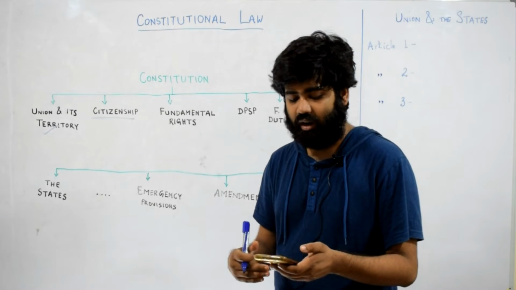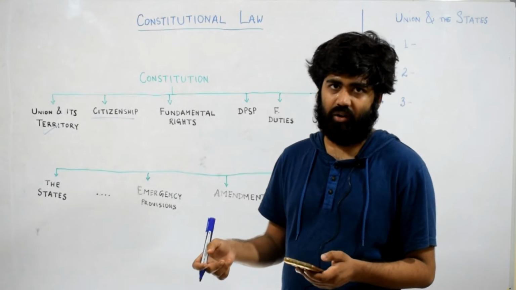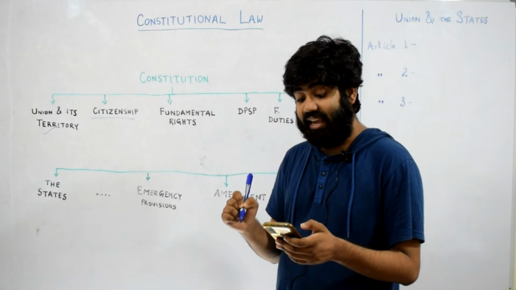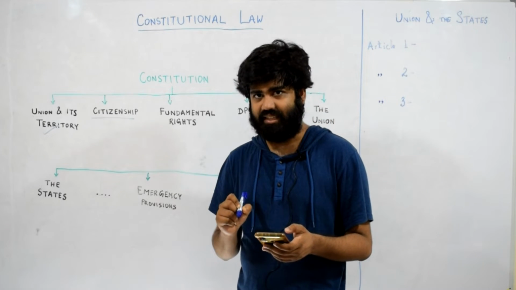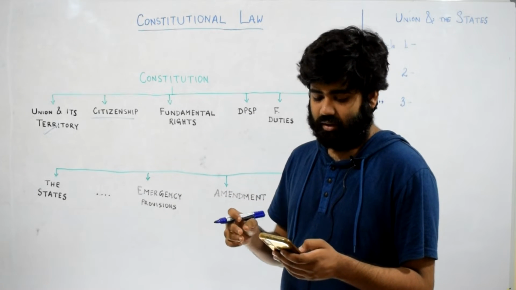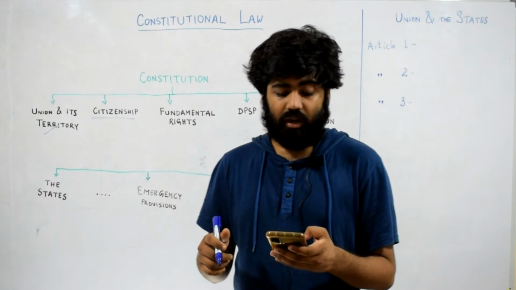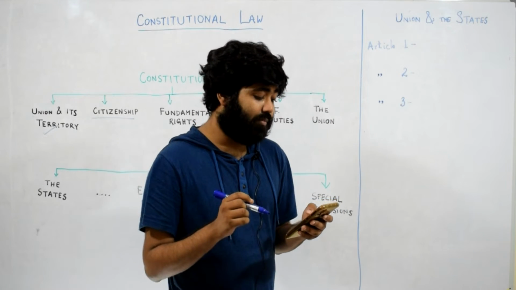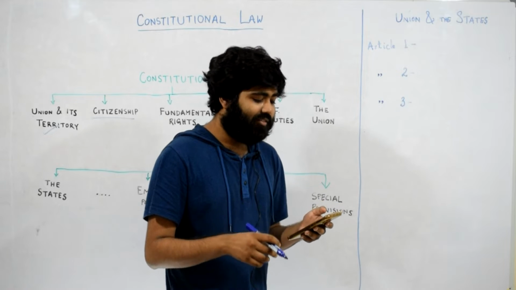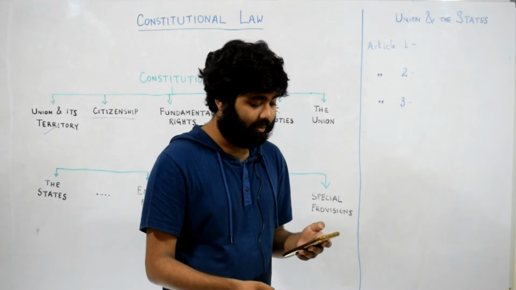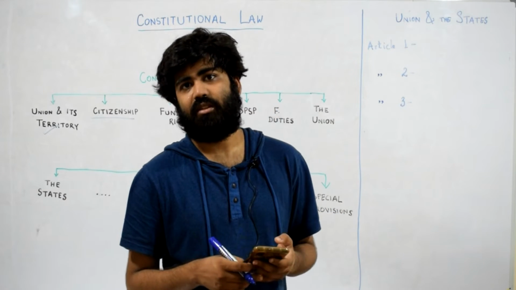Now, again another article, again a notwithstanding clause. It says, notwithstanding anything in Articles 5 and 6, a person who has, after the first day of March 1947, migrated from the territory of India to the territory now included in Pakistan shall not be deemed to be a citizen of India.